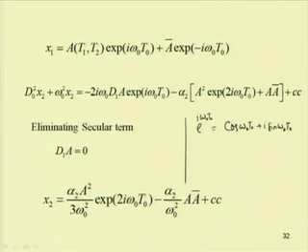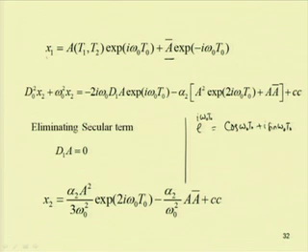So, one can write x 1 equal to a e to the power i omega 0 t 0 plus a bar, where a bar is the complex conjugate of a, and the complex conjugate of i omega 0 t 0 is minus i omega 0 t 0.